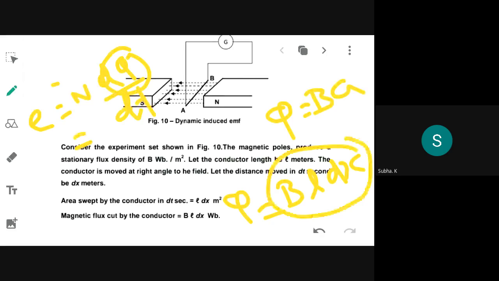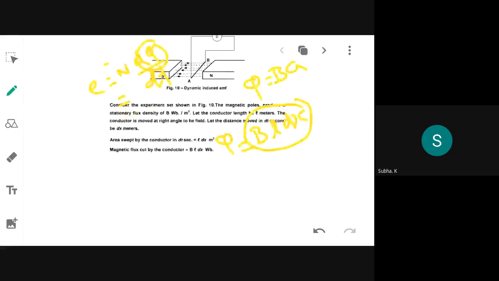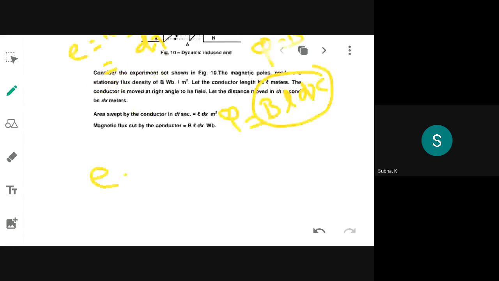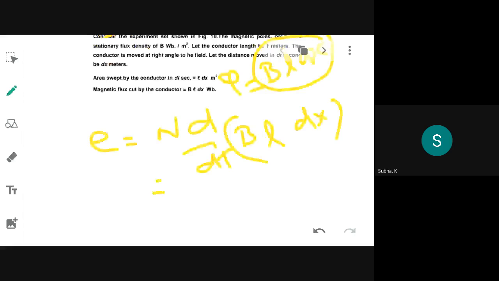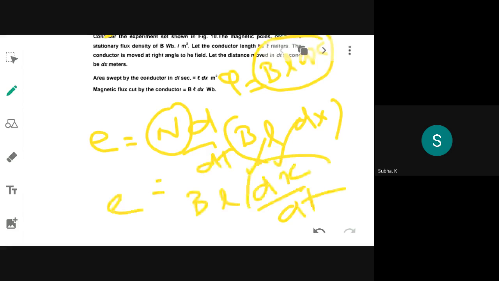So E will be equivalent to N into d by dt of B L dx. B is a constant, L is a constant, so you can take the parameters out, and assuming N is equal to 1, E equals B L dx by dt. This is the rate of change of displacement.